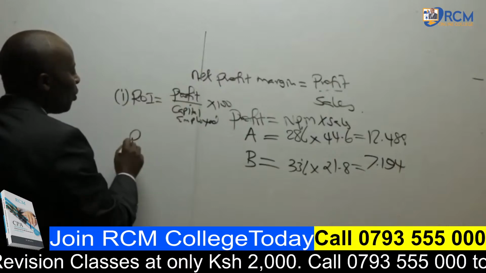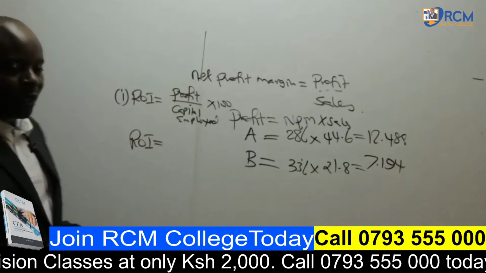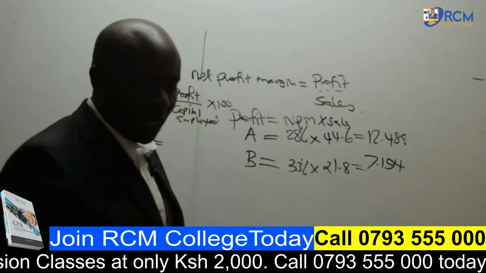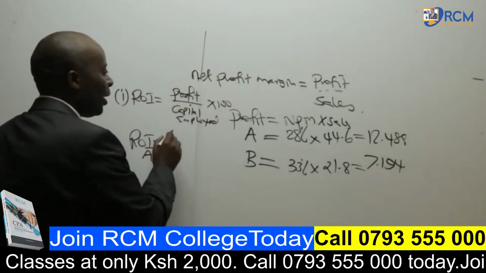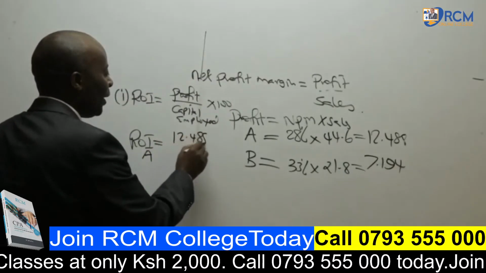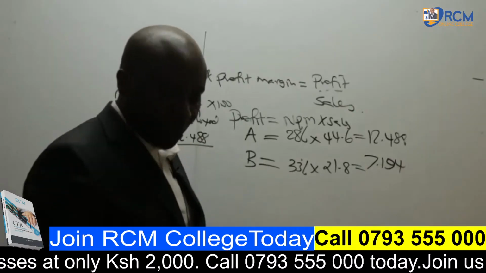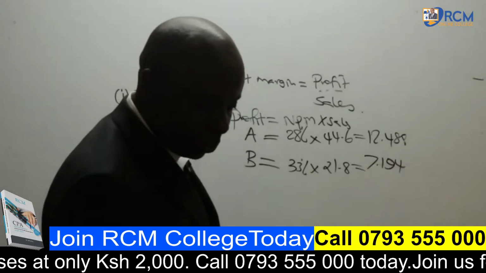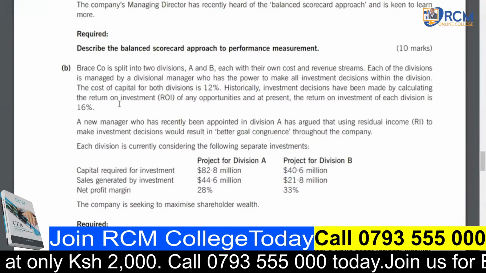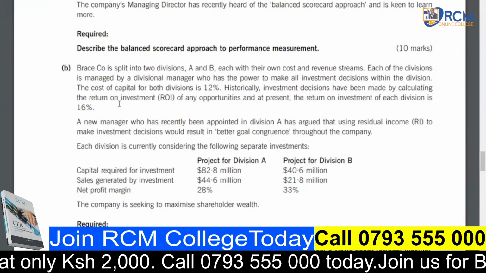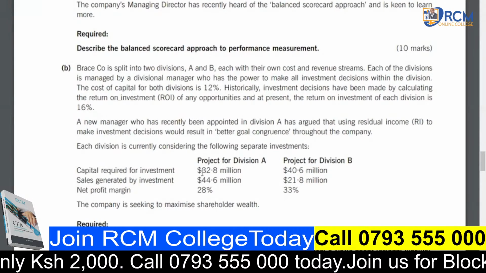So ROI for A will be the profit we have just obtained, 12.488, over the capital employed in that department. Is there anybody who is able to see the capital employed in this department? The capital required for A is 82.8.